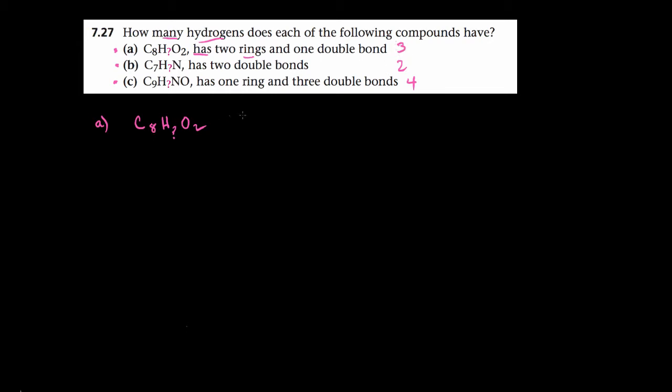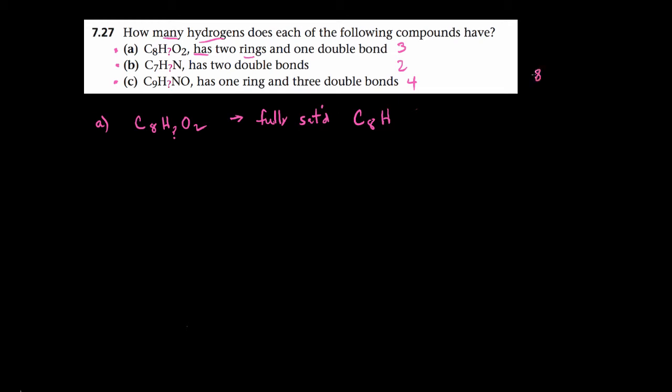So the fully saturated version would be C8H, and since we ignore the oxygens when we're doing degrees of unsaturation, what is 2n plus 2?